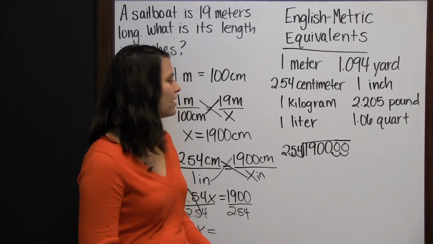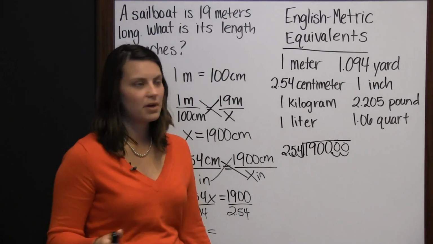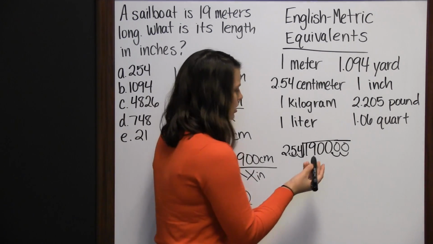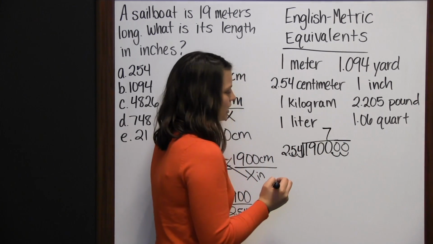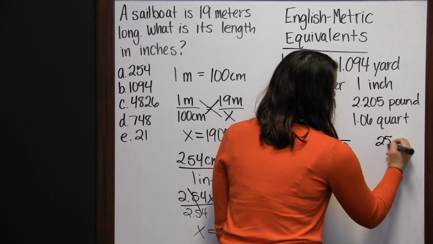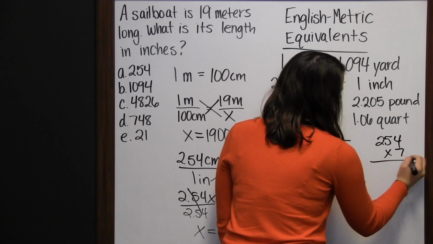So it only goes 7 times because 2000 is too much. So 254 only goes 7 times into 1900, and we can see what that is right here.